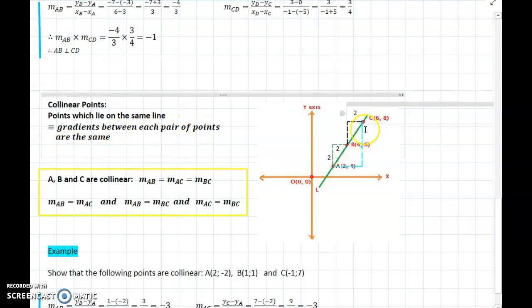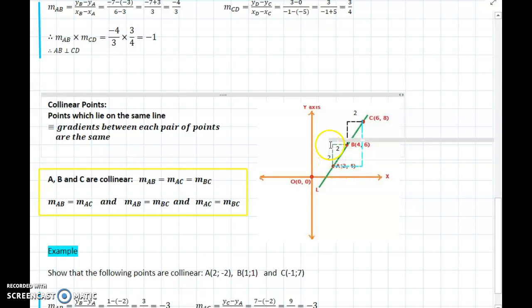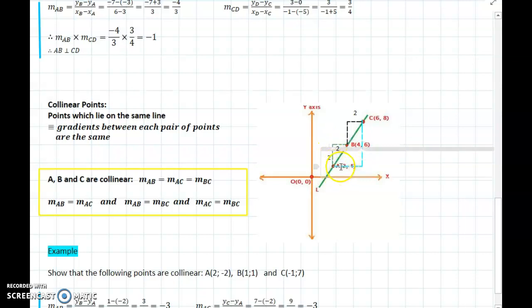So if you look at the sketch here, I have 3 points A, B, and C. A is 2 and 4, B is 4 and 6. So the change in the y, from that 4 to that 6, is a change of 2. And the change in the x, from 2 to 4, is a change of 2.